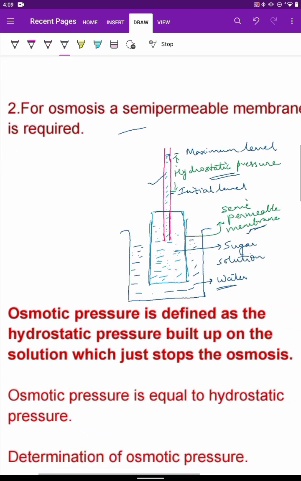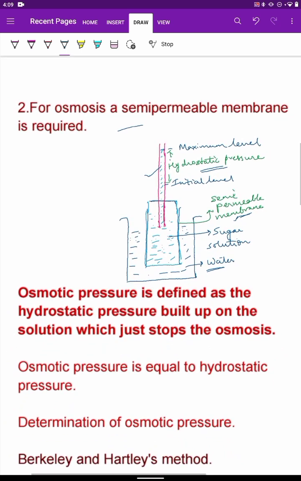So osmotic pressure can be defined as the hydrostatic pressure built up on the solution which will just stop the osmosis. Means we can also define it that because water is trying to move towards the higher concentration side, and if we apply some pressure which will stop this osmosis, then that much pressure can be termed as osmotic pressure.